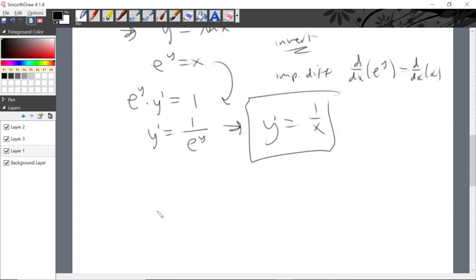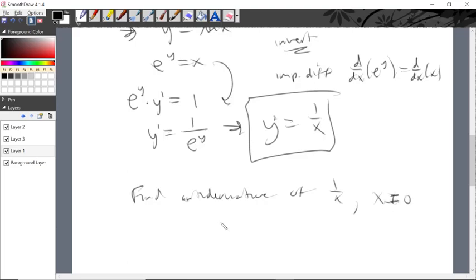If we're asked to find the antiderivative of 1 over x, we should consider what is the domain of 1 over x. If we're given 1 over x, we should have the initial assumption that we are dealing on the domain of 1 over x, that is where x is not equal to 0.